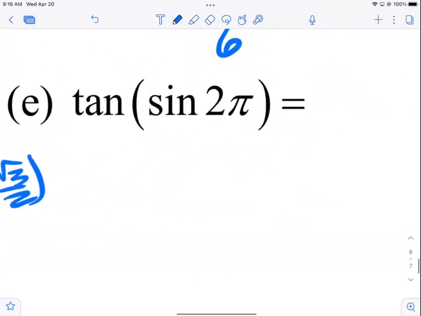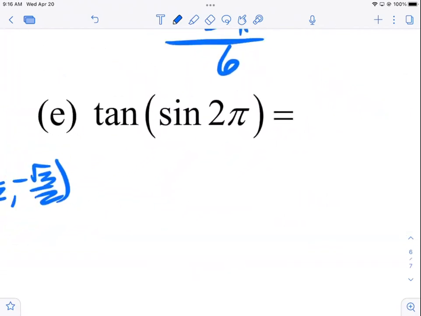Letter E, tangent of sine of 2 pi. Now take a look at this. We have so far been doing trig of inverse trig or inverse trig of trig. This is trig of trig, isn't it? So interestingly, 2 pi in this case is a what? Angle or a ratio?